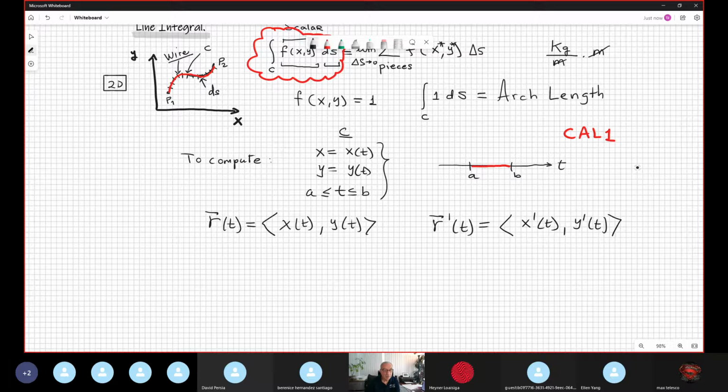Okay. Now you set up this integral of this function, because we have another integral in which you replace x and y with the corresponding formulas from the parametrization. And ds, well, ds is the formula for the arc length, which is the absolute value of this guy, dt.